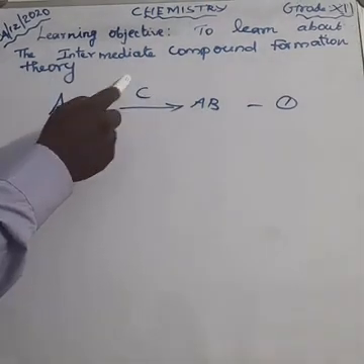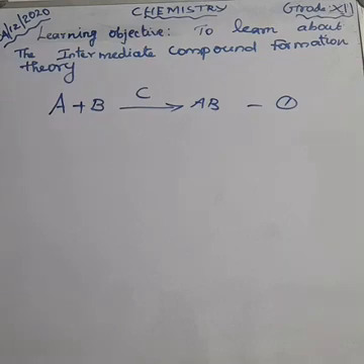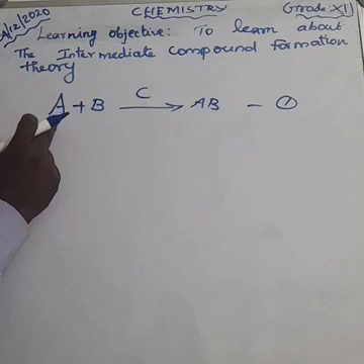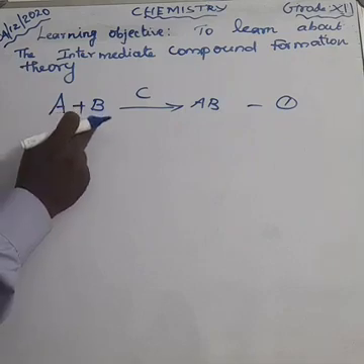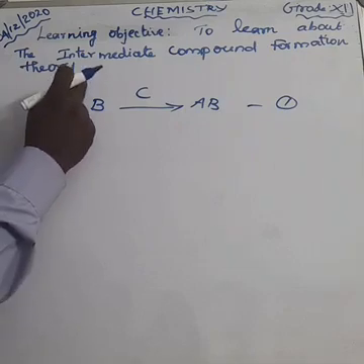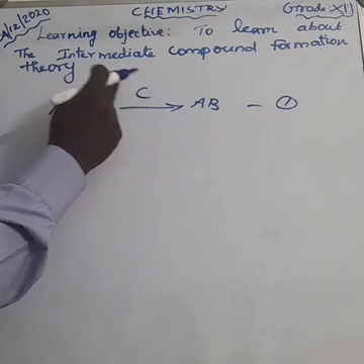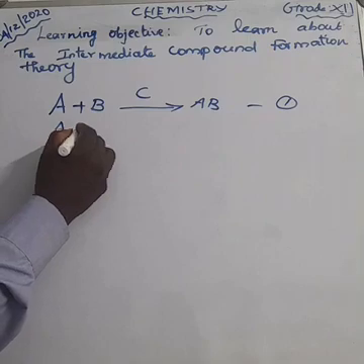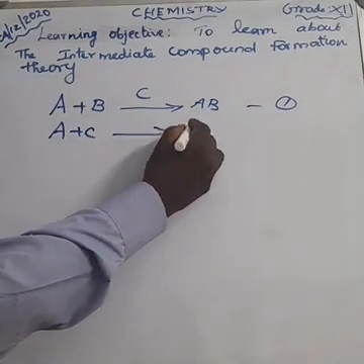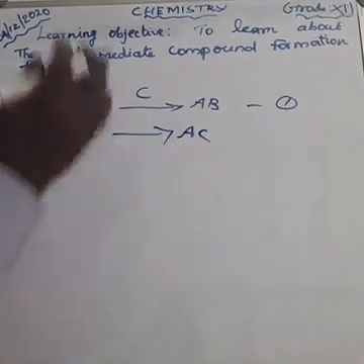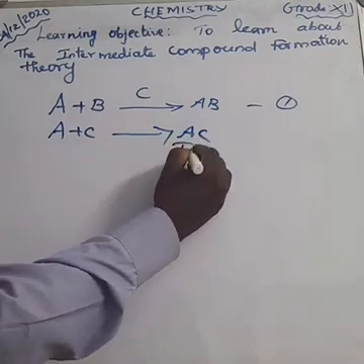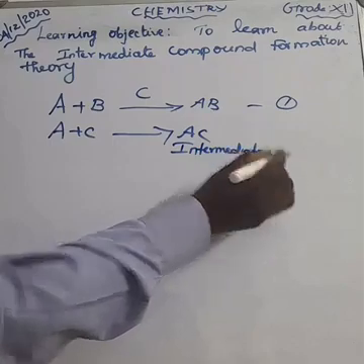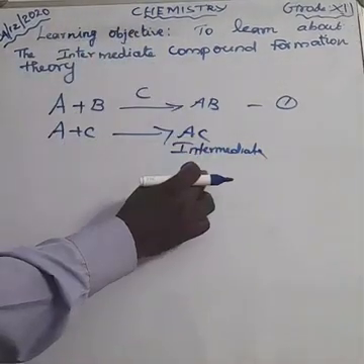The catalyst is C. I have two reactants, reactant A and reactant B. First, A reacts with C to form AC. This AC is the intermediate.